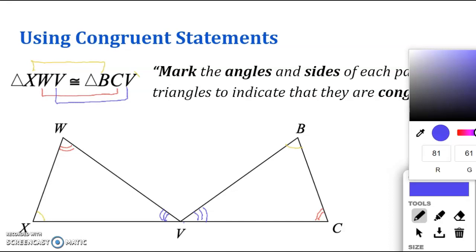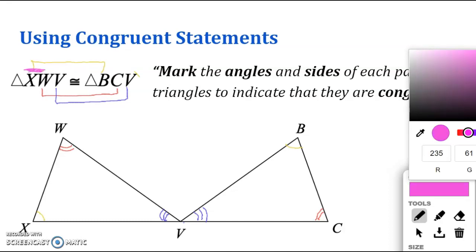Okay, now what about the sides? If I say side V, that's ambiguous, isn't it? Because side V could be talking about this side or this side. That's why you need to be using 2 letters. As far as identifying the sides, what you can do is go with 2 of the letters.